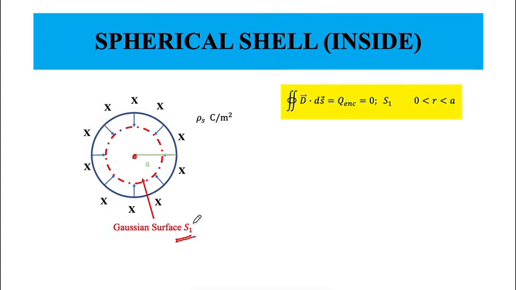Because this surface S1 is closed, of course, and there is actually no charge enclosed by it. So this will be equal to 0 on the surface S1 that we have considered.